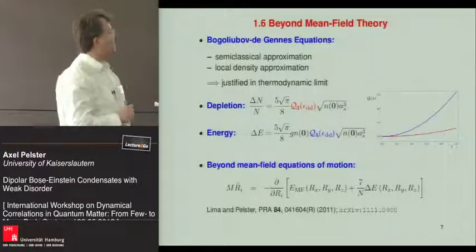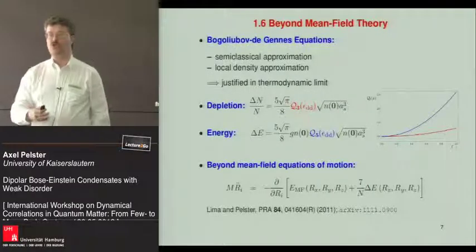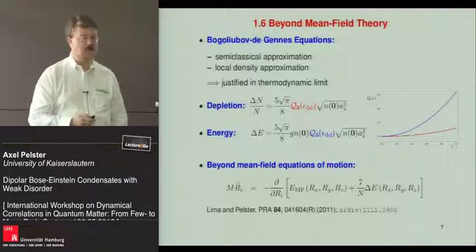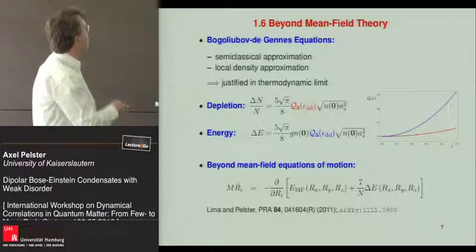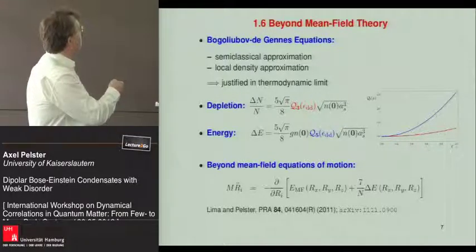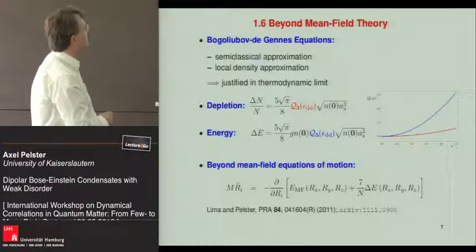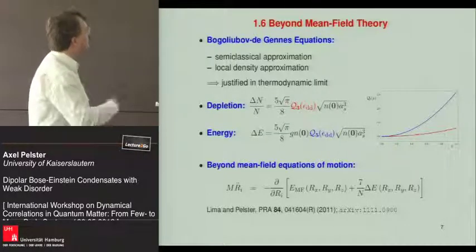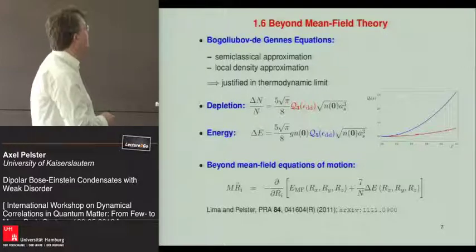Now the question arises: how does this picture change when one goes beyond this mean-field Gross-Pitaevskii picture? To this end, one has to look at the Bogoliubov-de Gennes equations, which one cannot solve for these dipolar systems.